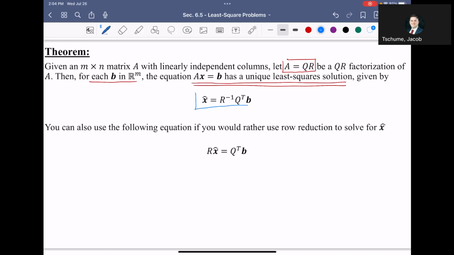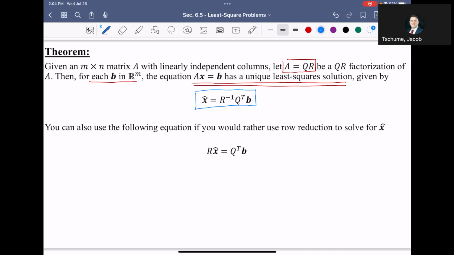So X hat can be found by taking the inverse of R times Q transpose B. So that is the unique solution, or I should say the unique least squares solution of the matrix equation.